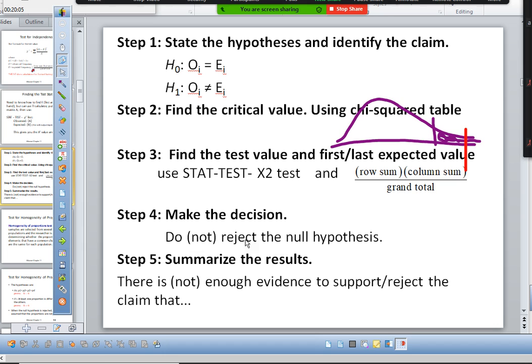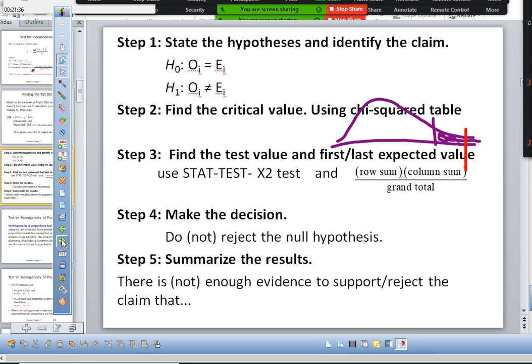Then make the decision, either reject or not reject the null hypothesis, and then summarize your results. For your homework, you have to say support or reject the claim that blah, blah, blah. For the exam, you're just going to have to say there is or is not enough evidence to reject the claim that the proportions are equal. That's all I'm going to require, because, like I said, I'm going to cover this very, very lightly.